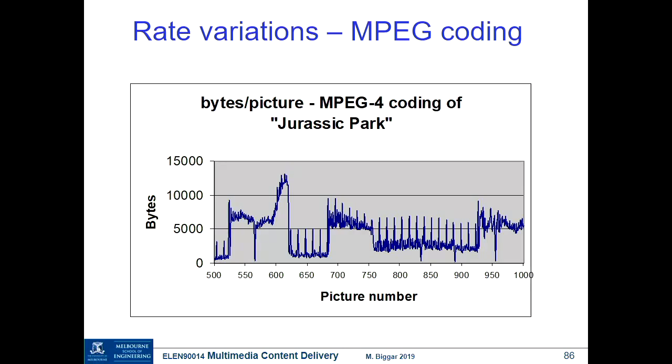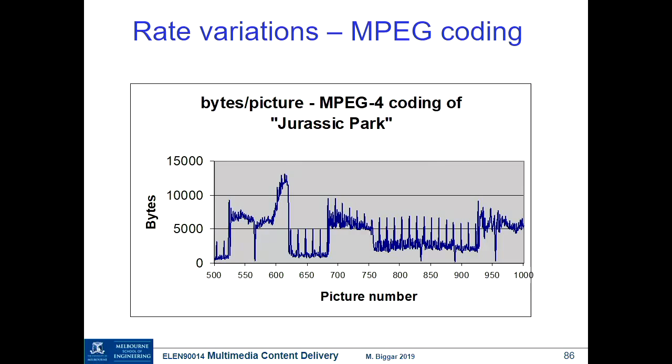But what do you think's happening here? I mean, because the I pictures and the B and P pictures are not standing out, it's probably very hard to predict each picture from the previous one. There's probably a lot of action. There's probably a dinosaur ripping people's limbs off or something, right?